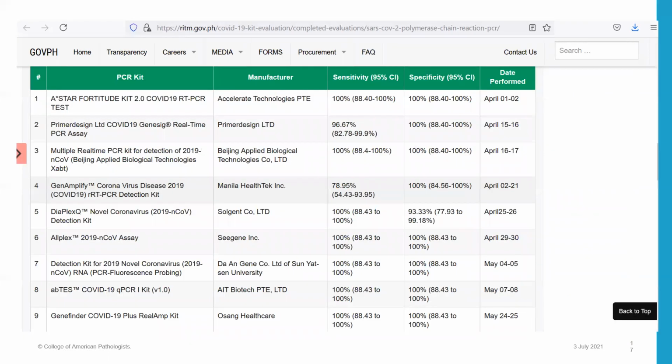Okay, so here you can see the list. Starting with April 1, 2020 and onwards, different kits have been evaluated.